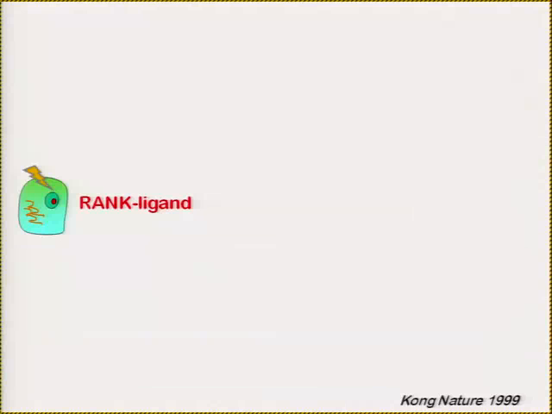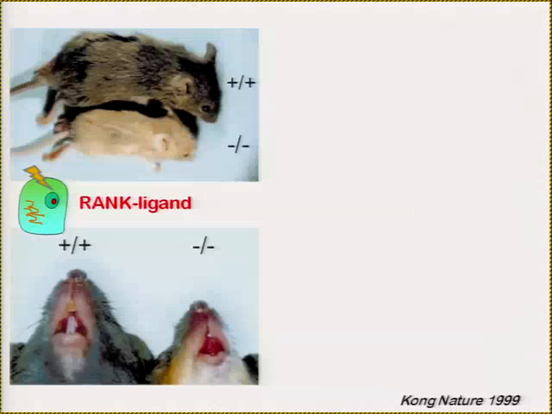This ligand is almost exclusively expressed on bone cells or bone-forming cells, and sometimes on leukocytes in rheumatoid arthritis. If you knock out RANK ligand, which I'm intimating allows osteoclast recruitment, what you get is a runted mouse.